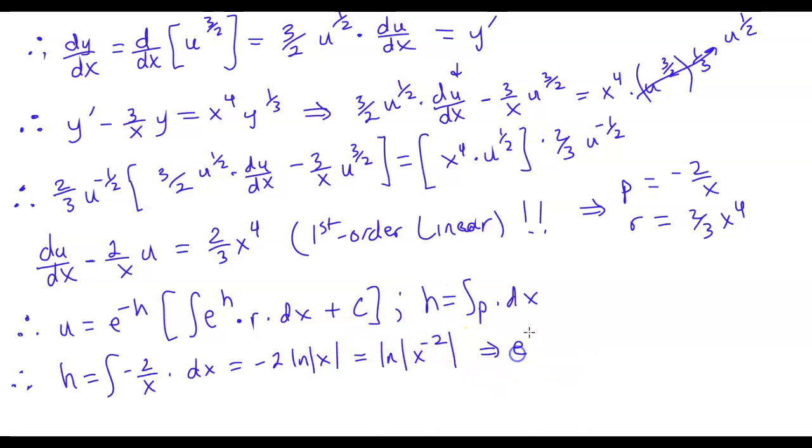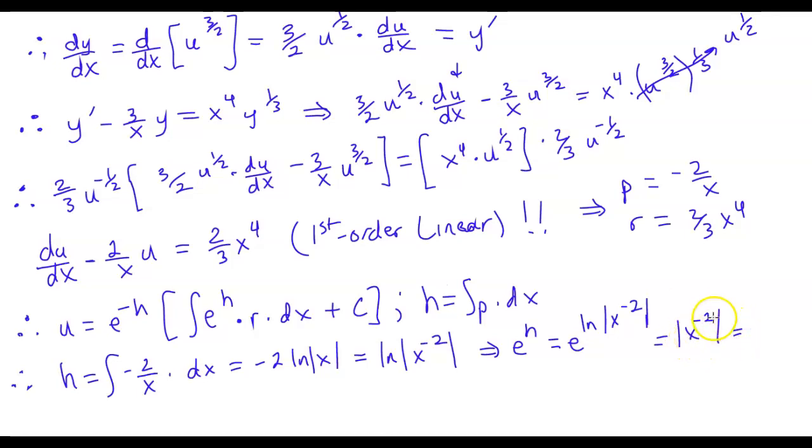Thus, e raised to the h is e raised to the natural log of the absolute value of x raised to the negative 2, which is just the absolute value of x raised to the negative 2.